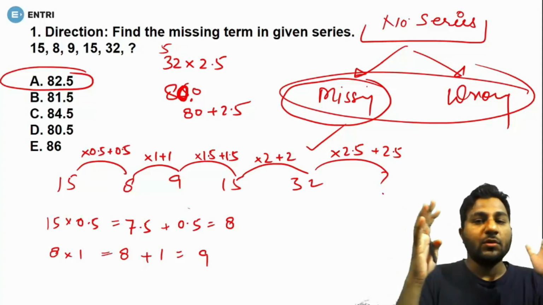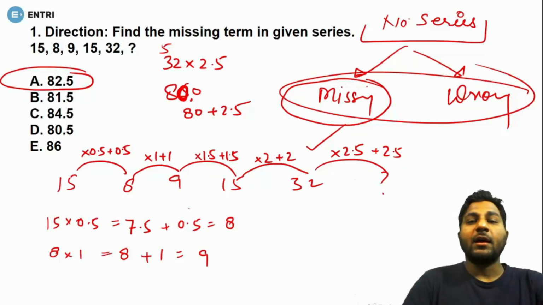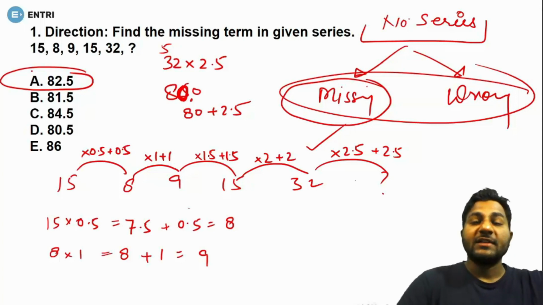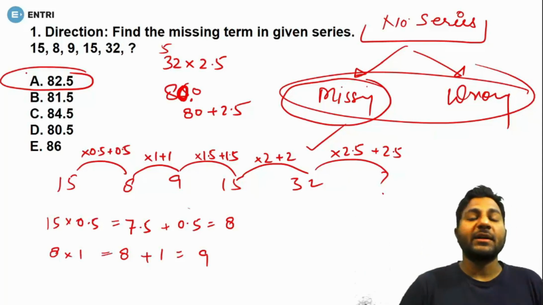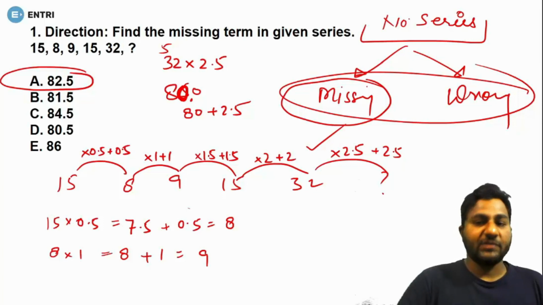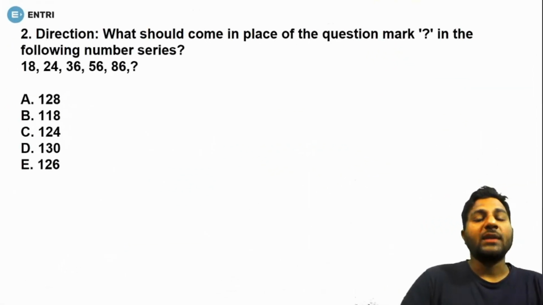I hope you all have understood this. How are you going to pick this scenario or sequence? You will see the differences and see the way the sequence is going. You just need a lot of practice on this segment so you can predict the approach. Okay, let's see what the next question says. One thing you should know is that you will get 5 questions on number series.